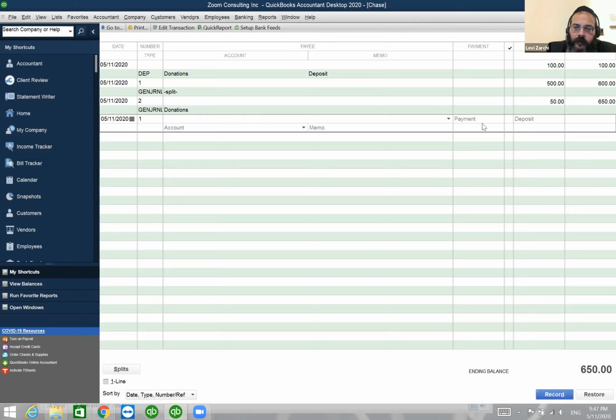This is probably what you're more used to in your bank statement, that you have payments and you have deposits. A payment reduces, and that's what you probably thought, it debits your account. You put a deposit, it credits your account. But this is only in the bank register, and it's really the opposite. This is to give you familiarity with your checkbook balance sheet from the manual system.